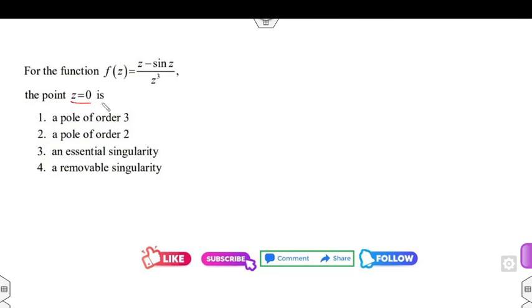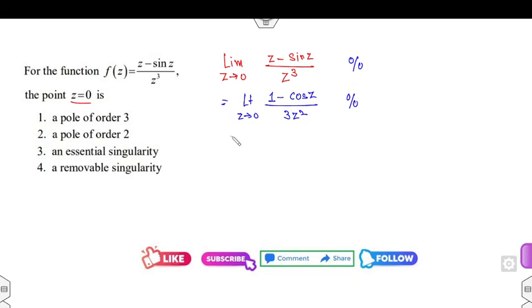The function, z equal to 0 again. We can take (z minus sin z) over z cube. You can't say directly that z cube gives a pole. First, we will see whether it's a pole or not. Clearly it's a 0 by 0 form, so I can apply L'Hopital's rule: (1 minus cos z) over 3z square. Again, when you substitute 0, it's a 0 by 0 form.